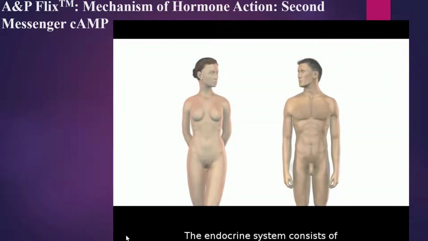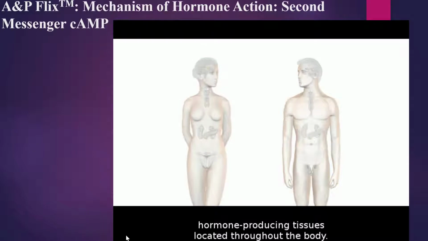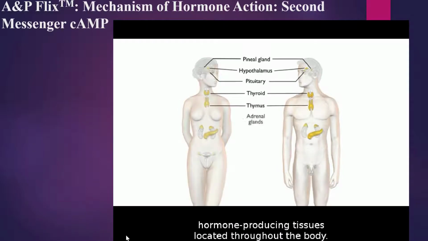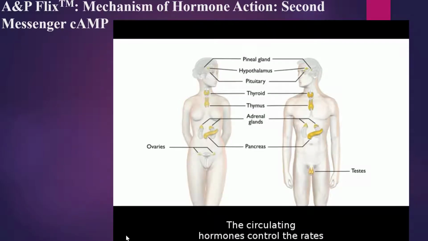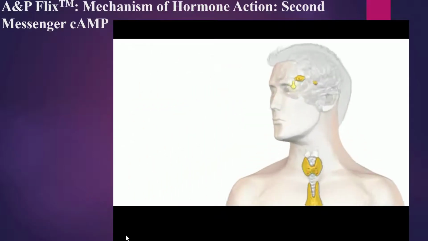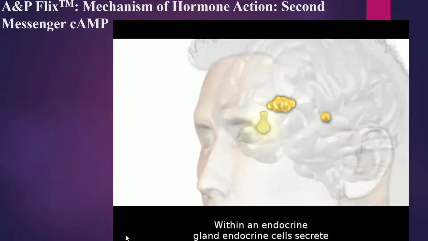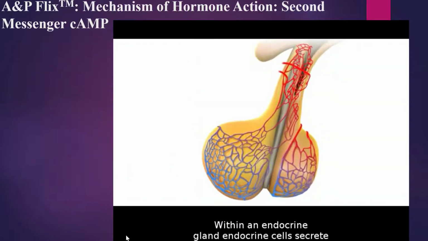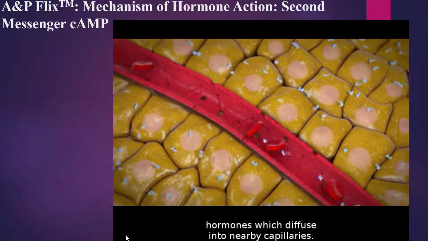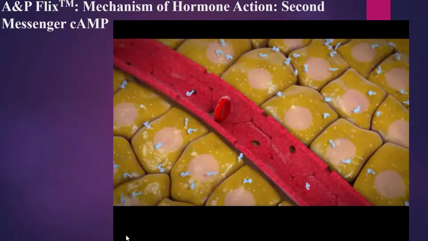The endocrine system consists of hormone-producing tissues located throughout the body. The circulating hormones control the rates of body processes and maintain homeostasis. Within an endocrine gland, endocrine cells secrete hormones, which diffuse into nearby capillaries.